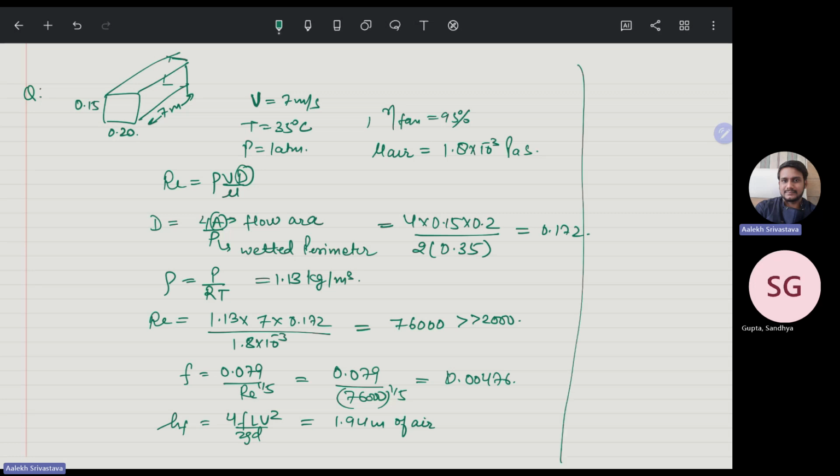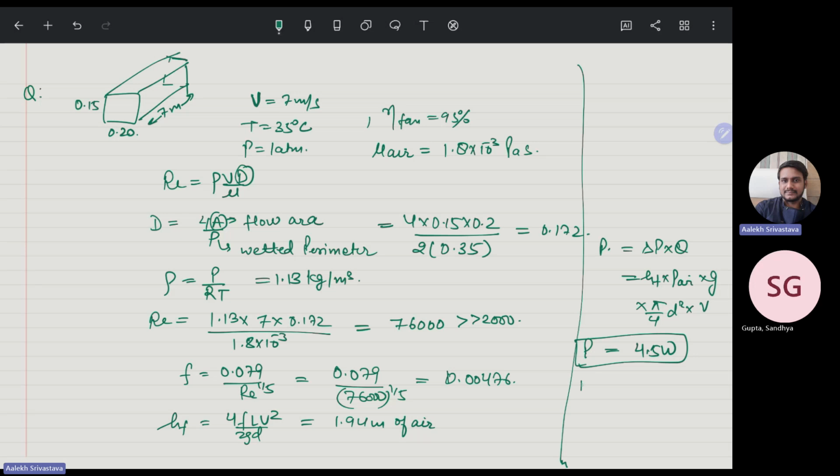Now the power that is required is power equal to delta P into Q. Delta P is given as HF into rho of air into g, and into the volume flow rate, so it is pi by 4 d square into velocity. Now if you solve this, you will get a value of around 4.5 watt. So this is the power that is required.